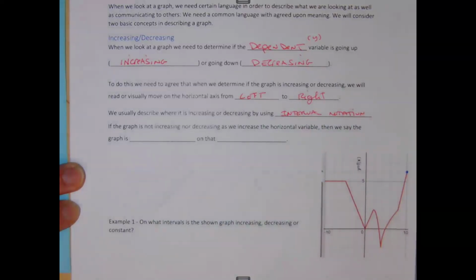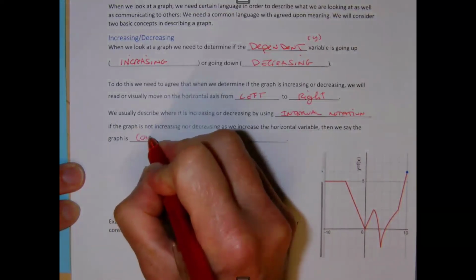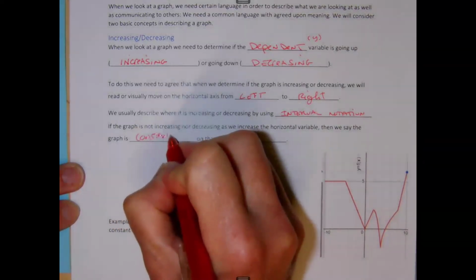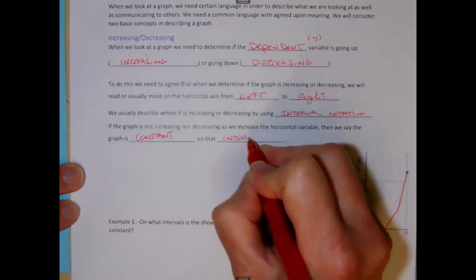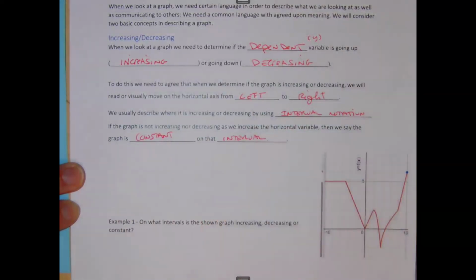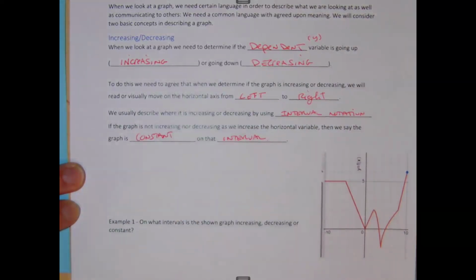If the graph is not increasing nor decreasing, as we increase the horizontal variable, then we say the graph is constant on that interval. Okay. And here's a kind of a definition, let's choose increasing.